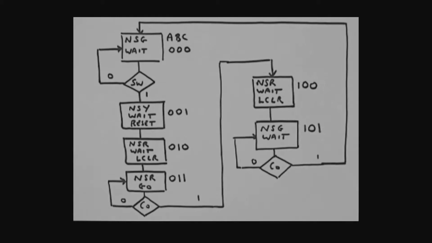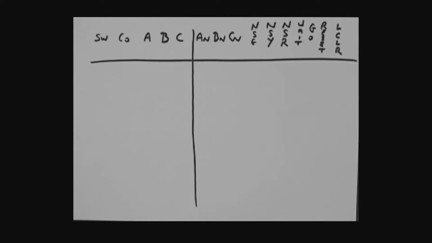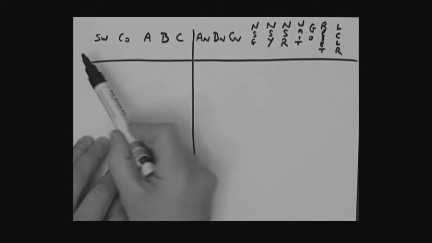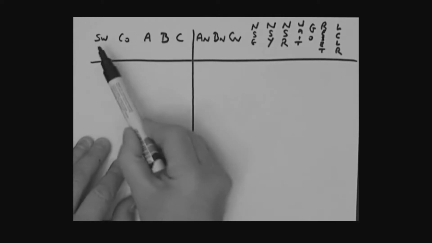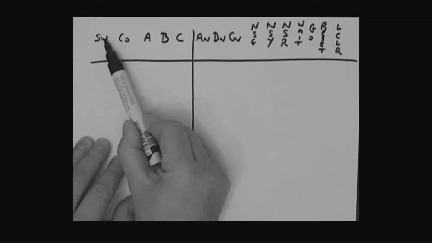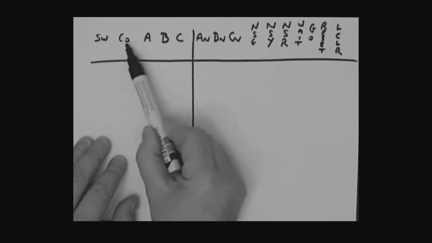Now what we'll do is look at a state table here, and then we'll refer back to this as we go. Here's the development of the state table. What I'm showing on this side are inputs. We have the SW input coming from the SR latch. We have the carry out coming from the counter.